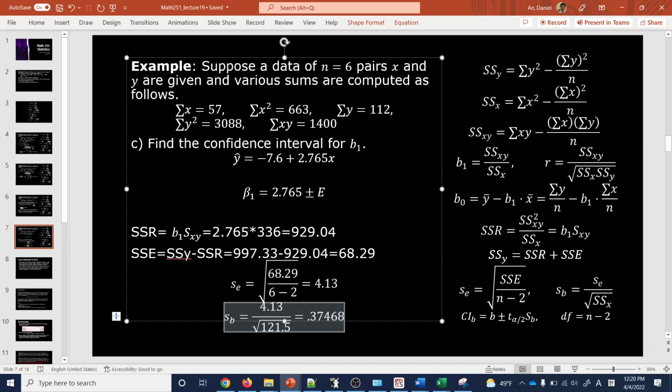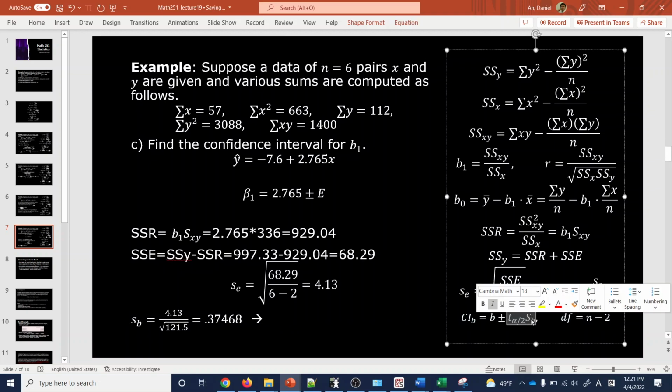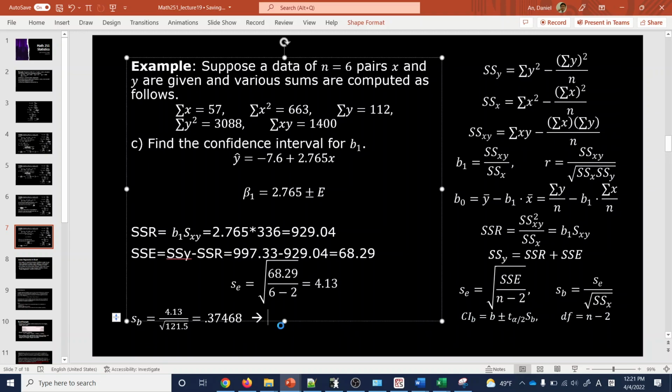So this gives you that T alpha SB is equal to 1.04. And therefore, from all this calculation, you can finally go back and say that this is your confidence interval about beta one.